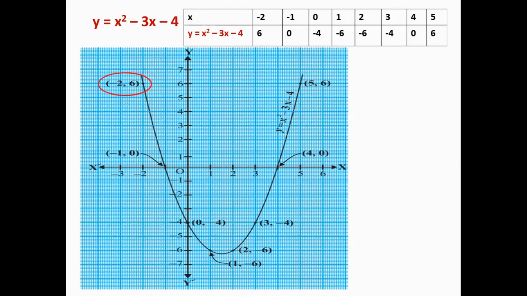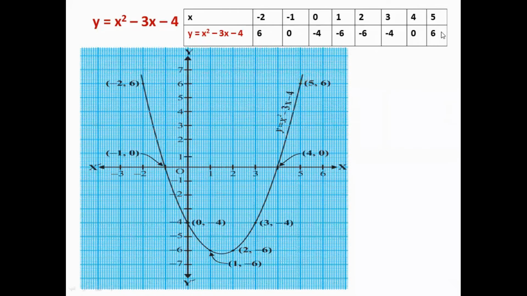Here is my first point, then second point, then third, fourth, fifth, sixth, then 7th point, and then 8th point. After plotting my points, I have drawn my graph.